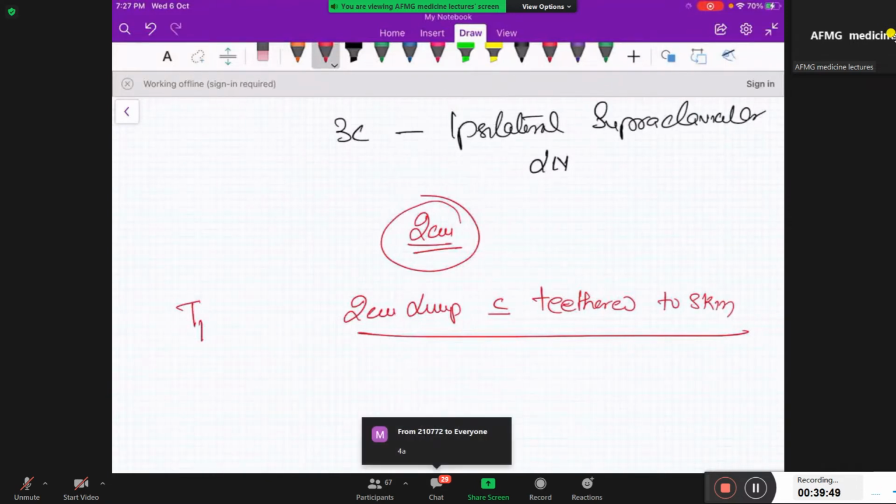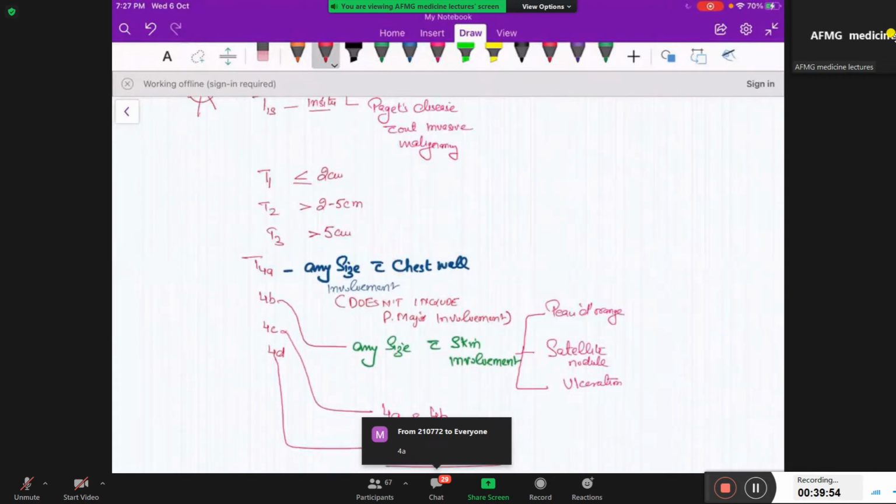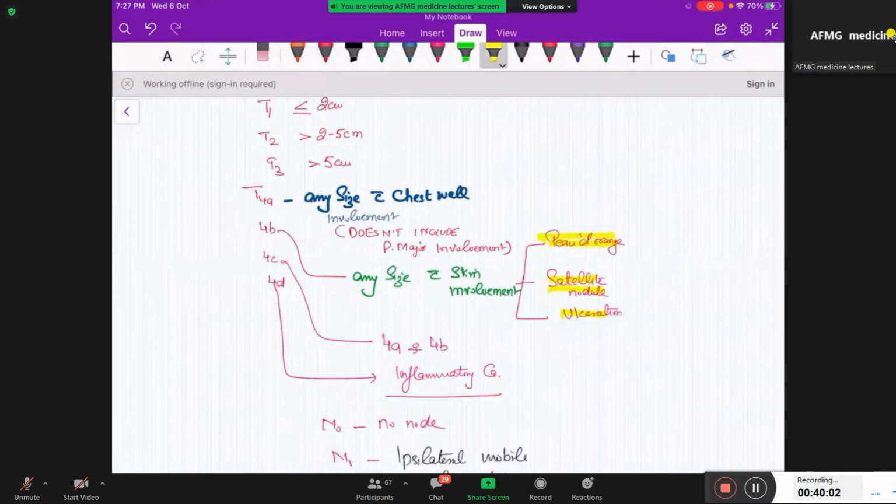It is T1. What is skin involvement? I told you what is puckering, what is tethering, what is dimpling, and what was that involvement of? Ligament of Cooper. So is it skin involvement? Then why T4B? It is T1.